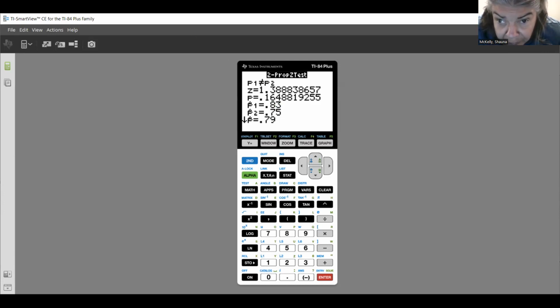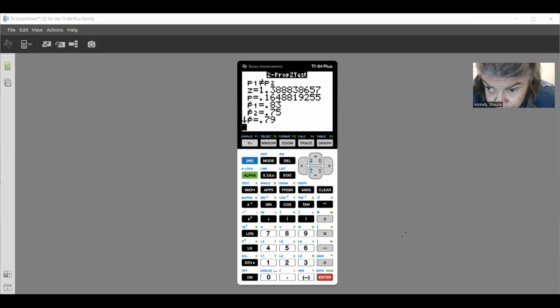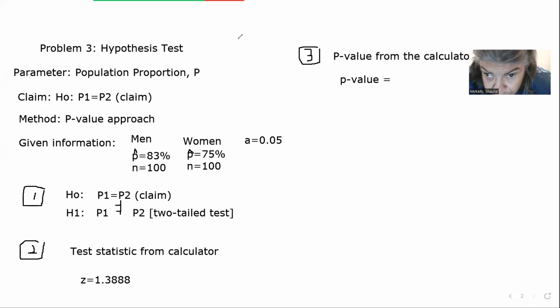So we're going to have 0.1649. Okay, so there's my p-value.